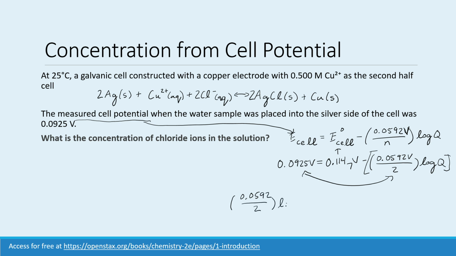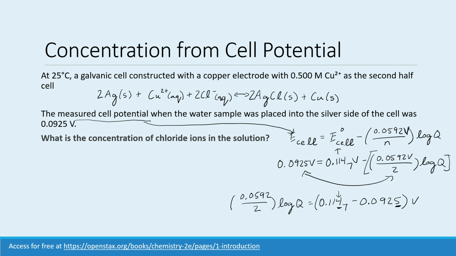So I get the 0.0592 divided by 2 times the log of Q equals 0.1147 minus the 0.0925. And all of those are in volts. And significant figures, 3 decimal places out.